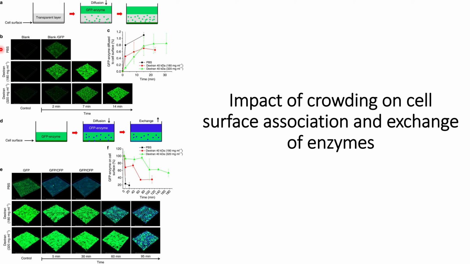When they did it with PBS, after 2 minutes they are able to see some green fluorescence image. For the Dextran at 180 milligram per ml they can see some fluorescence image. And for the Dextran at 320 milligram per ml, they see a very low fluorescence image after 2 minutes, indicating that with an increase in the concentration of Dextran, the diffusion goes down.